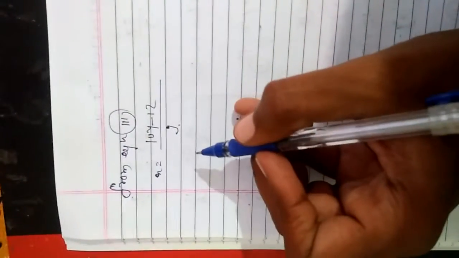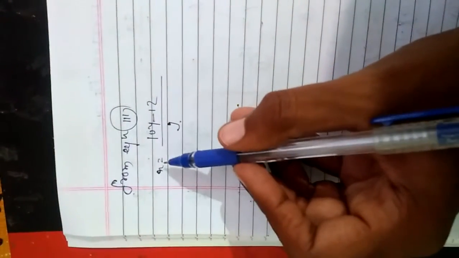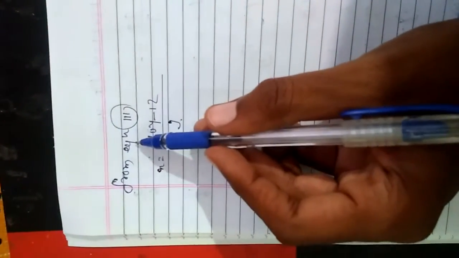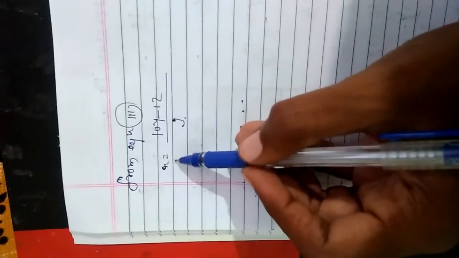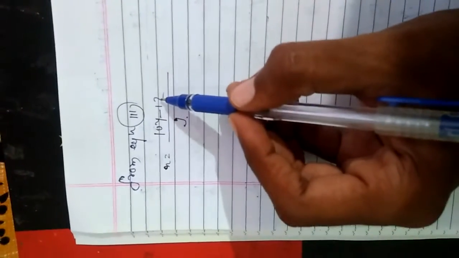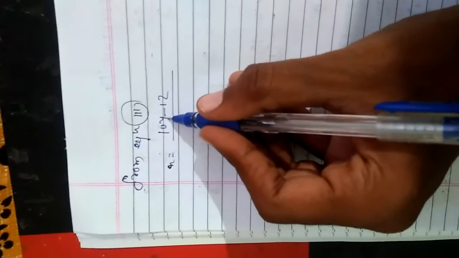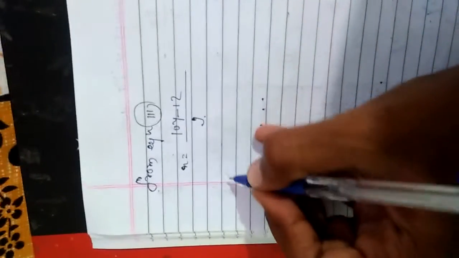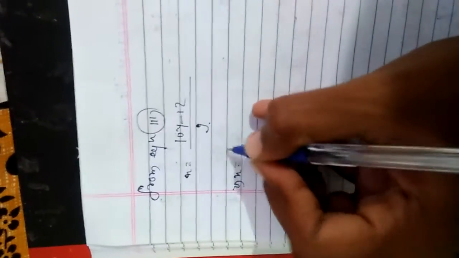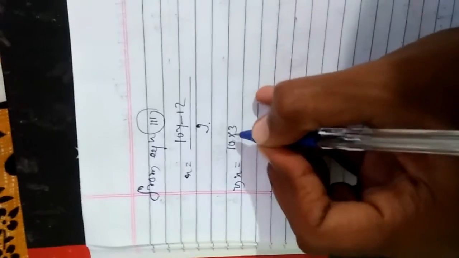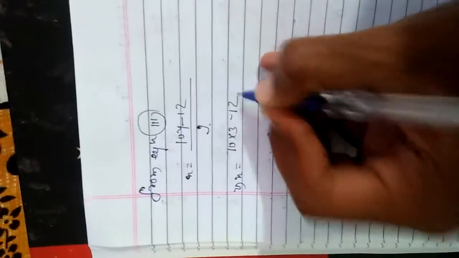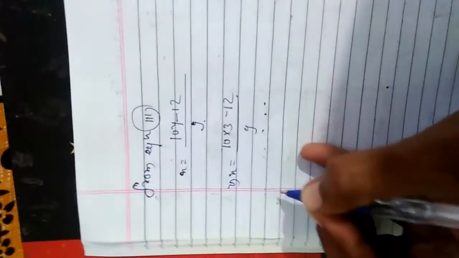Okay, so now we got the value of y equals 3, so we take equation 3. From equation 3, x equals (10y minus 12) by 9. So we are putting the value of y, which is 3. So we'll get x equals (10 times 3 minus 12) divided by 9.